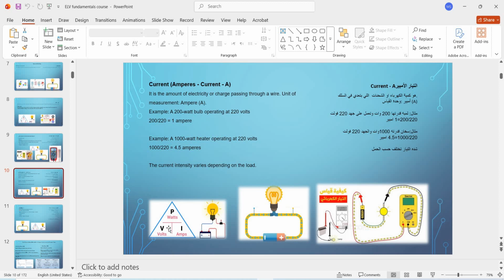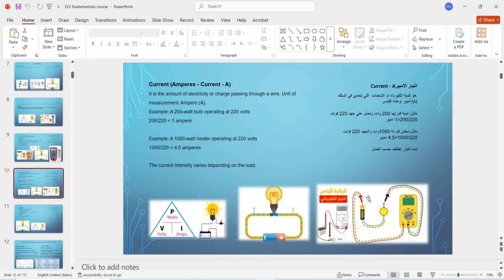It's very simple. If you need to get a part, you have to cover it and multiply or divide the other parts. One more example, I have a 1000 watt water heater operating at 220 volt. So let's say 1000 divided by 220 equals 4.5 amps.